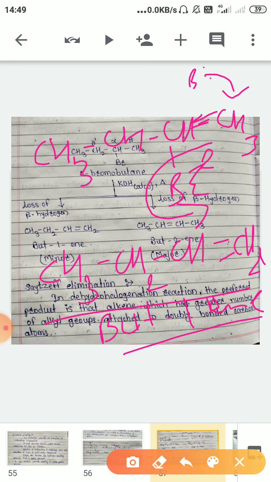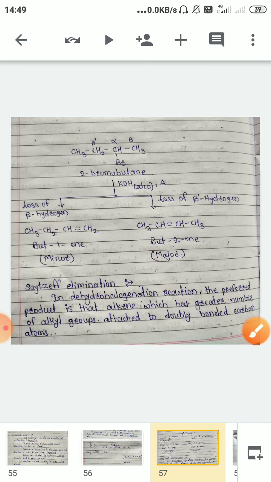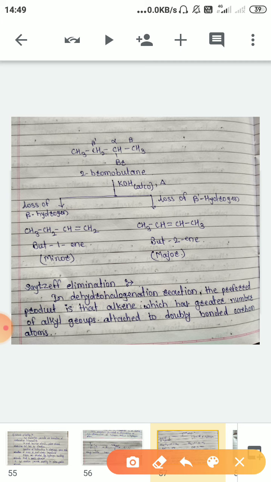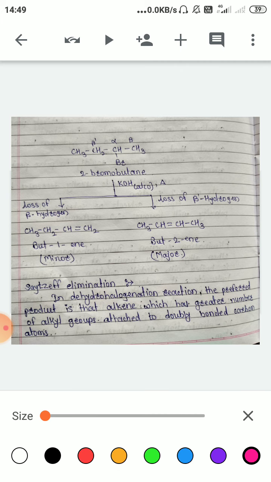And the major product depends on the stability of the product, and to decide the stability of the product we are using one rule, and that rule is nothing but Saytzeff's rule. As Saytzeff has given the rule for the stability of the alkene formed, it is called Saytzeff's elimination. Now what is Saytzeff's elimination?